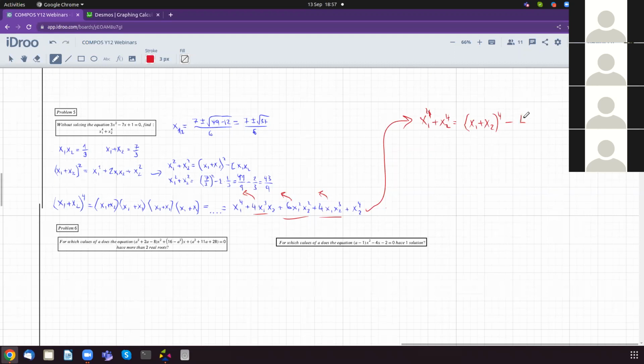Minus 4x1 cubed x2, minus 4x1 x2 cubed, and minus 6x1 squared x2 squared. And then you do x1 plus x2 to the power 4 and simplify it.